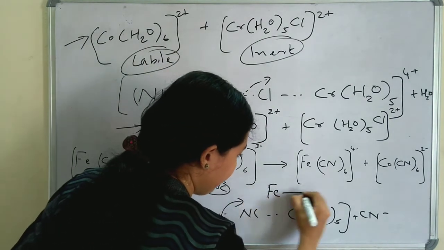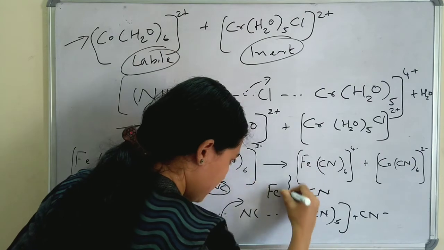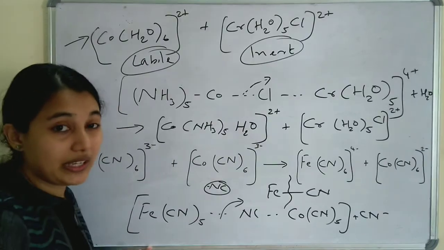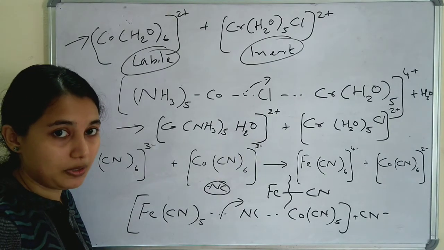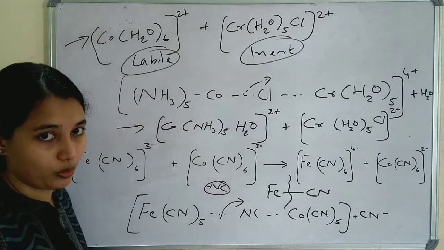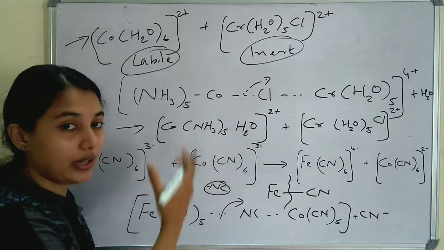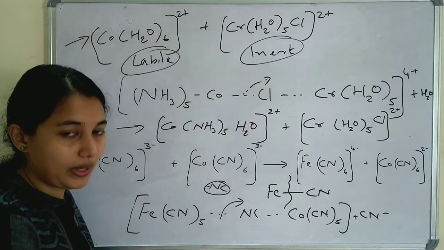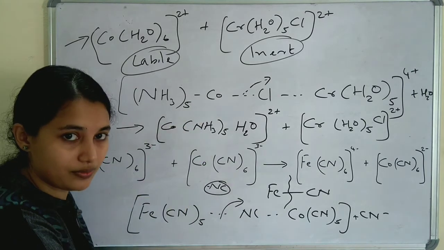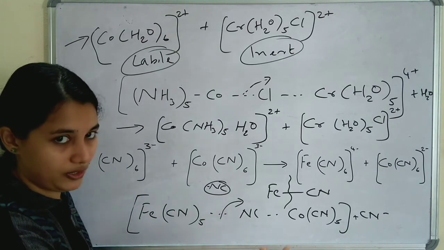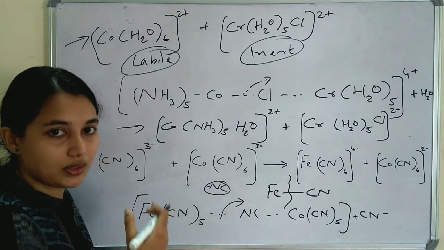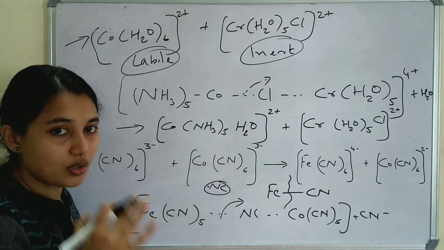But here the Fe-CN bond is more stable than the cobalt-cyanide bond. Due to that stability, this cyanide-iron bond does not break down and the cyanide ligand is not transferred to the cobalt sphere. That's why here the bridging ligand is not transferred.